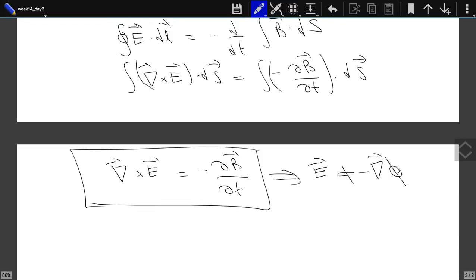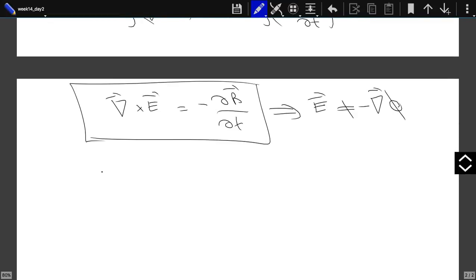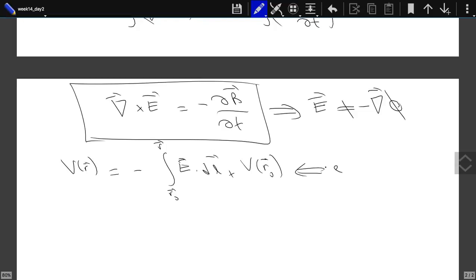You see, the idea of defining a potential was based on the fact that, if you remember, V at the point R is minus the integral from R0 to R of E dot dl, plus the potential at R0. This is in electrostatics.